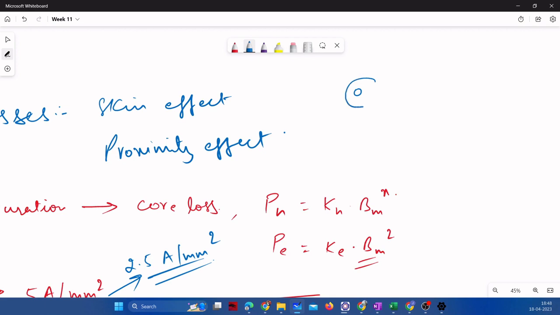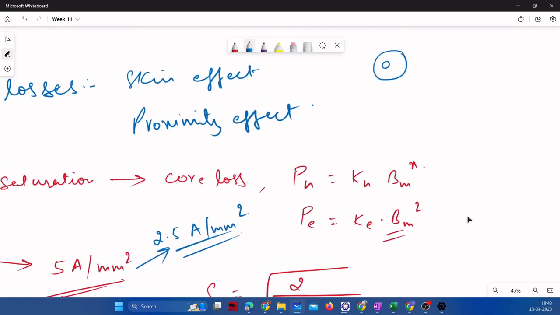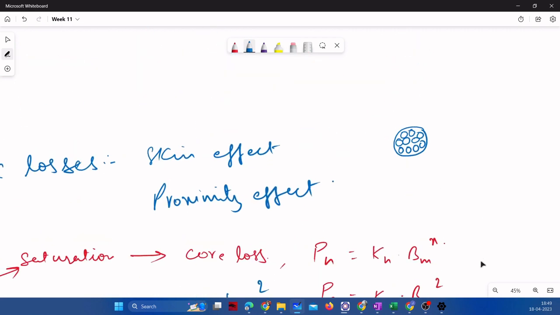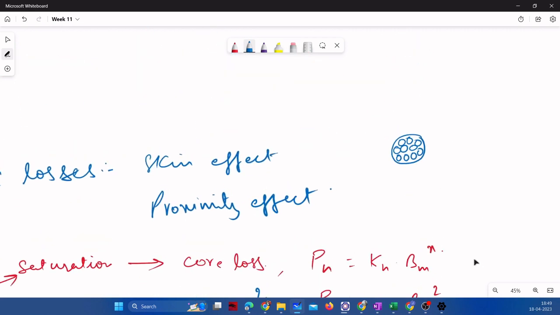So if you have this kind of width of 1 mm, in that 1 mm of place we use stranded wires to make one turn. Here, with a solid conductor, one conductor will make one turn, but here you will need a certain number of strands to make one turn.